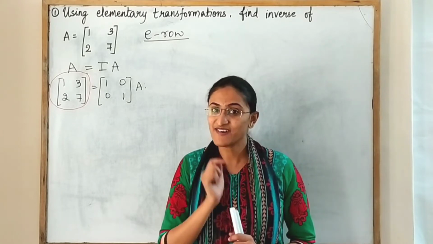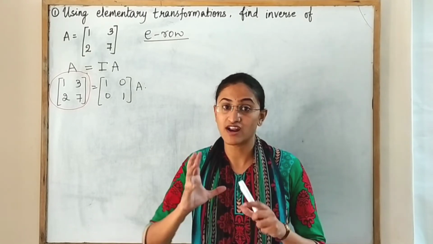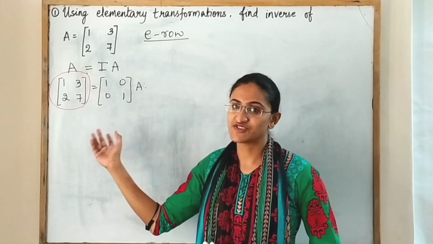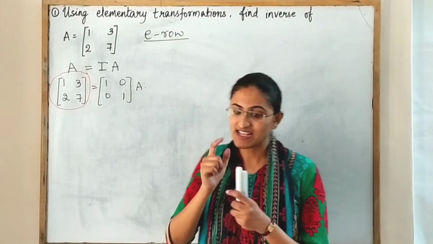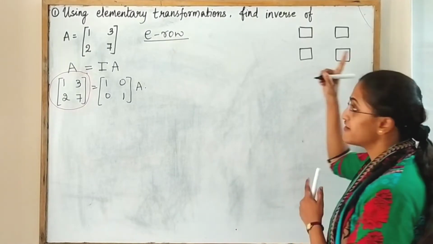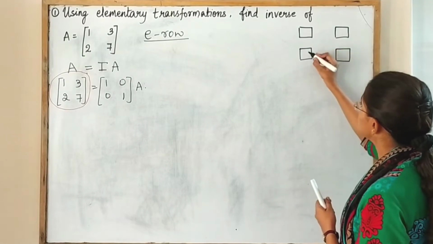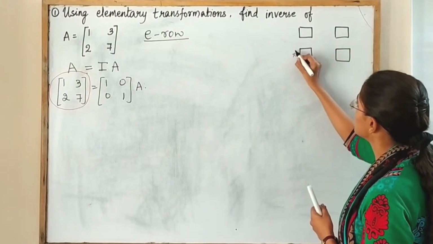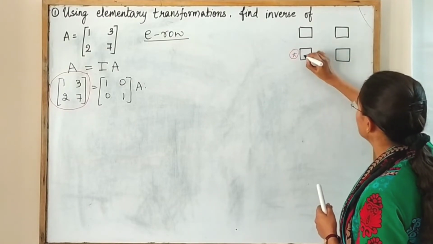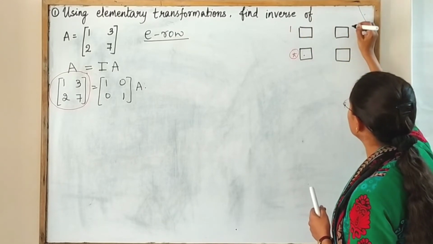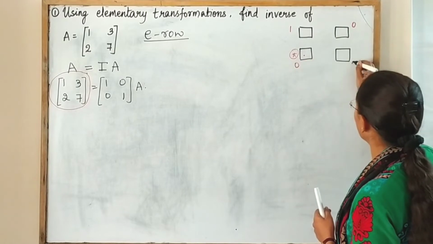Now I have a very simple trick, or a very simple pattern, to convert this matrix into the identity matrix. Consider this pattern. If we have a 2 cross 2 matrix, then we shall start with this element. Make this 0, because the identity matrix is nothing but 1, 0, 0, 1.